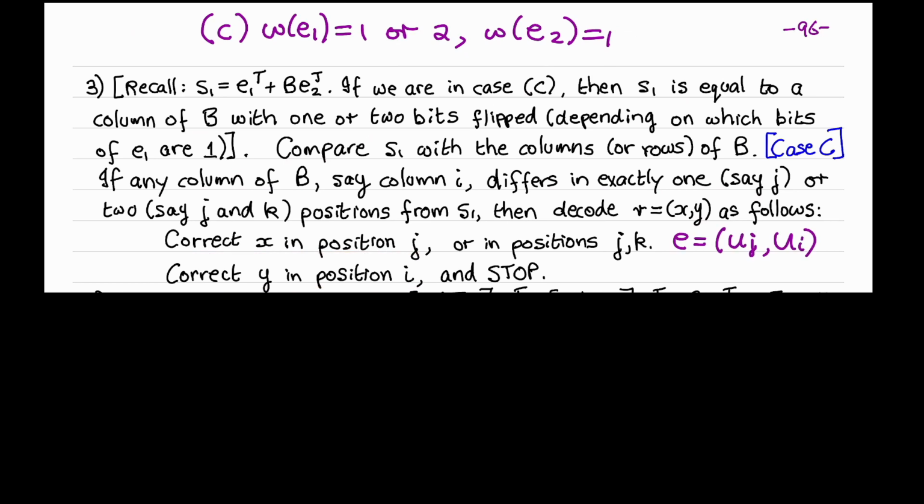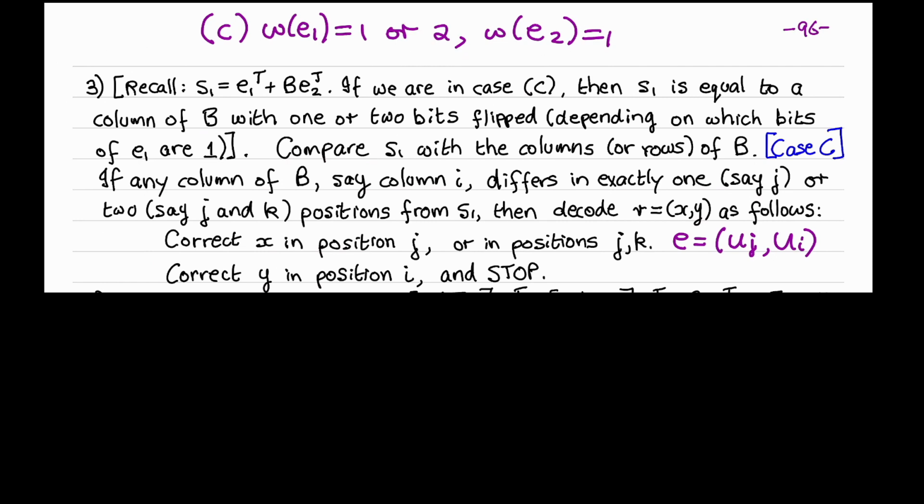In other words, we select the error vector to be uj, ui, where ui and uj are the ith and jth unit vectors of length 12. This error vector has weight 2, and you can check that its syndrome is equal to S1.